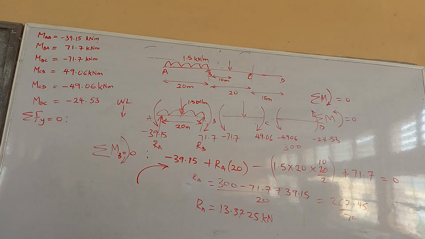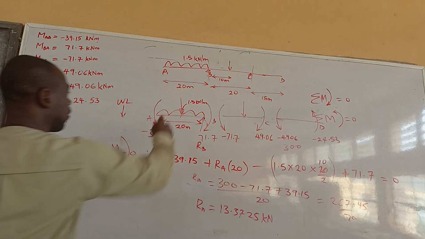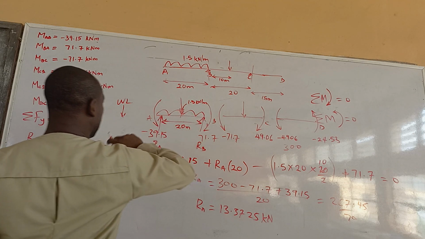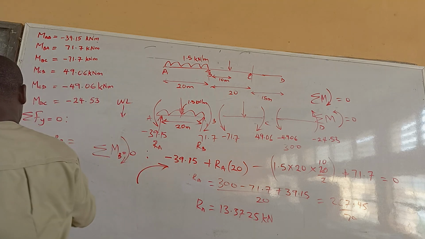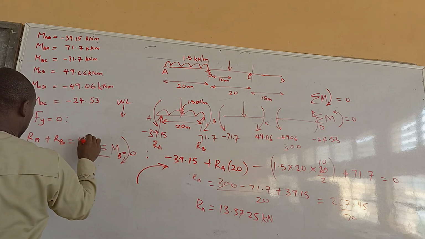If I want to sum the forces along the y-axis, mind you, this is forces, not moment. So how many forces do I have? I have RA, so I should say RA plus reaction at B should be equal to the other force I have, only this UDL. And this UDL, if I convert it to a point load, is WL, right?